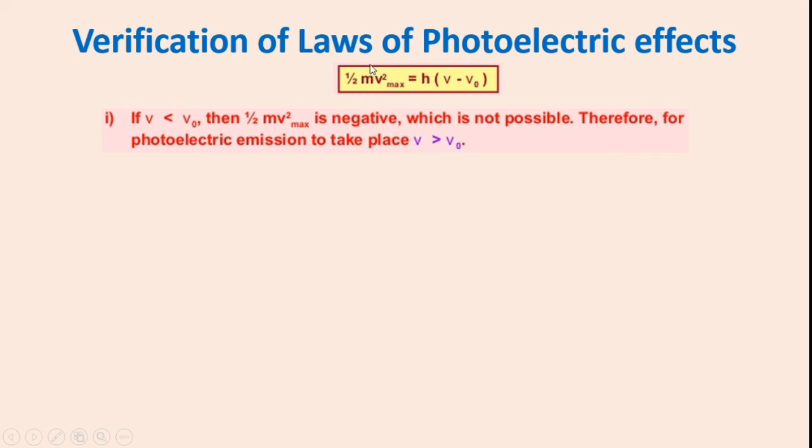Energy can never be negative, which is impossible. That means kinetic energy cannot be negative, because here the electrons are emitting from the metal surface. So with negative kinetic energy, electrons cannot emit from the metal surface. Therefore, for photoelectric emission, nu should be greater than nu naught, that is, this should be positive. So this is the first condition of threshold frequency: the incident frequency must be greater than the threshold frequency.